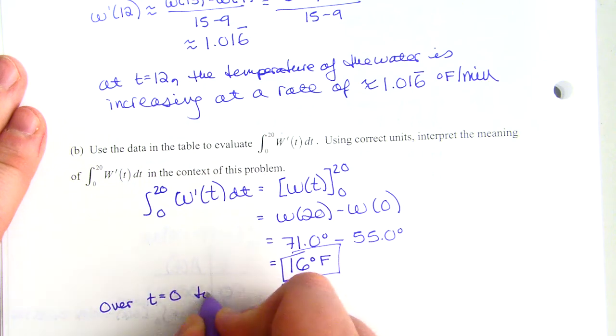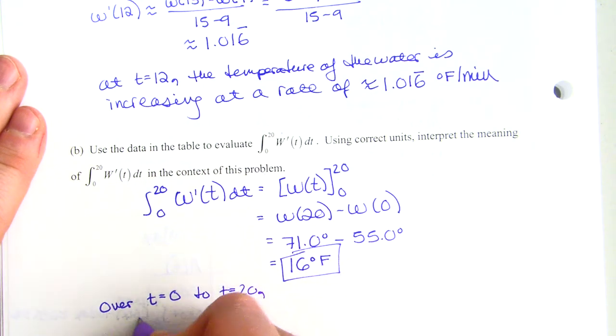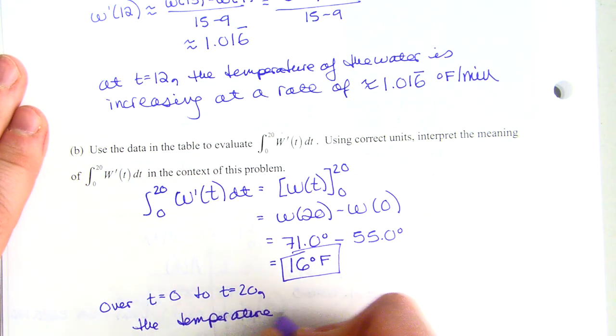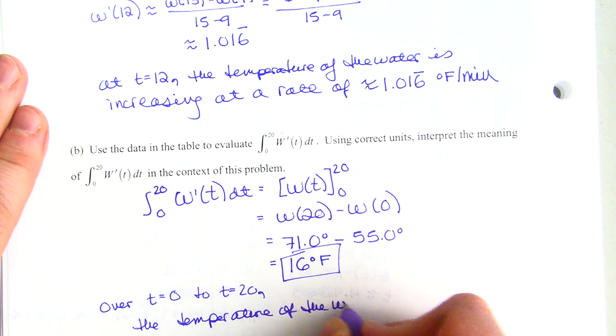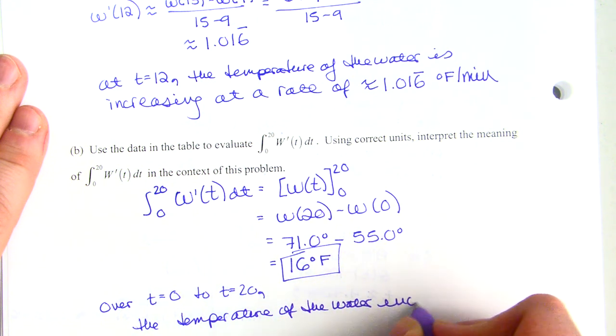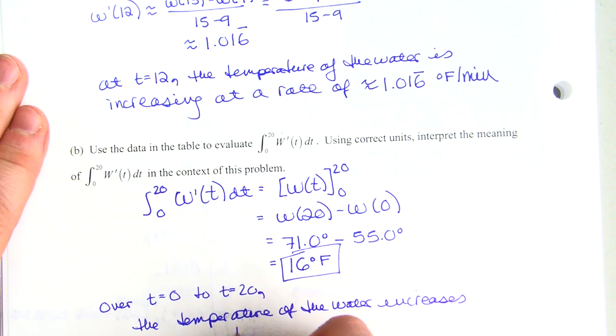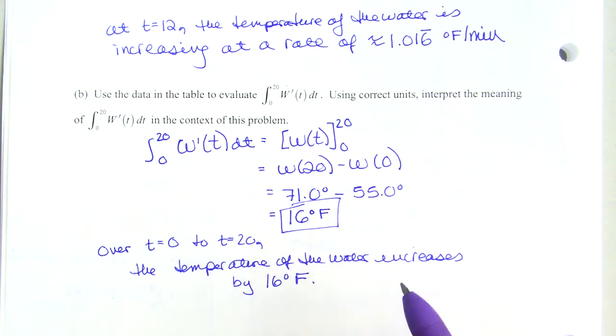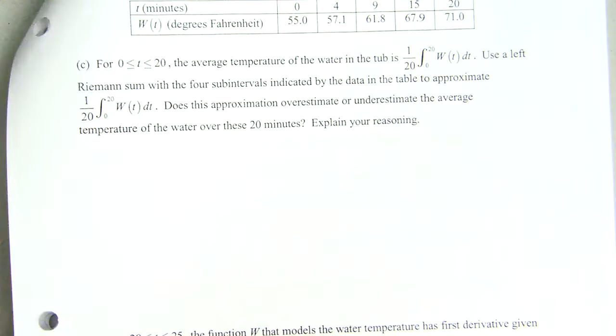Over t equals 0 to t equals 20, I'm going to say the temperature of the water increases by 16 degrees Fahrenheit, which I feel like should make a whole lot of sense. You found the temperature at time 20 minus the temperature at time 0. That's not the rate of change, that's the net change in your temperature. Next, read letter C.